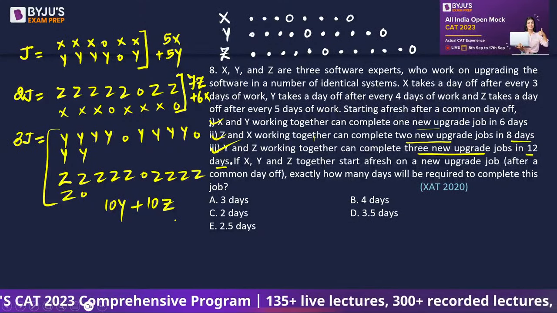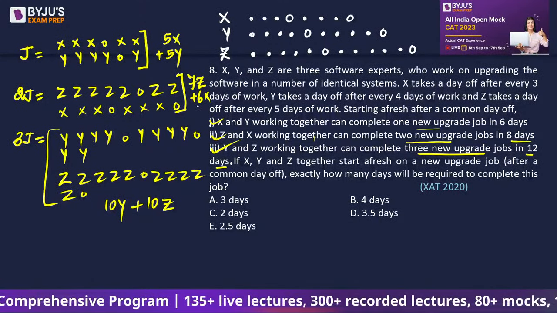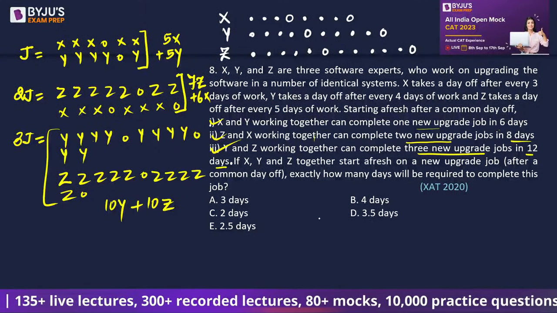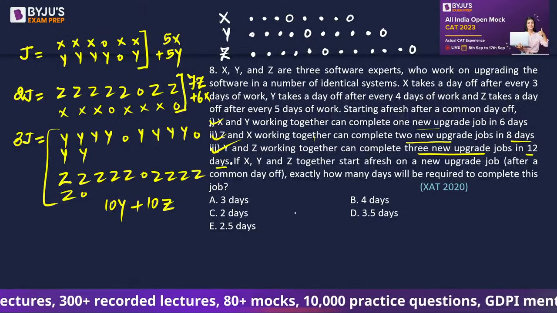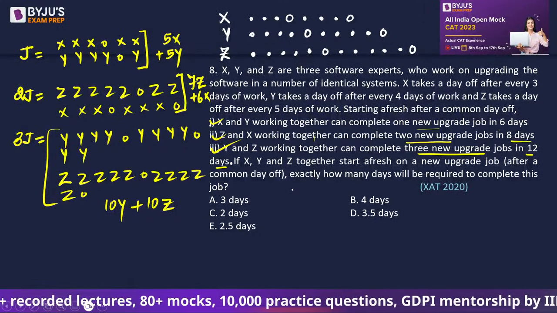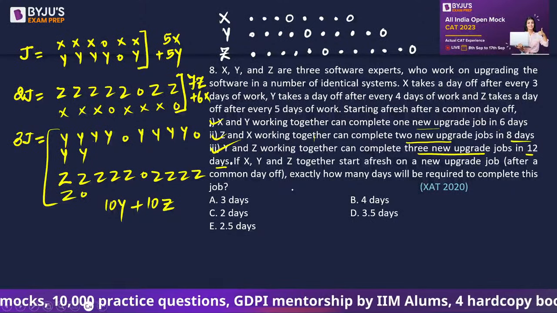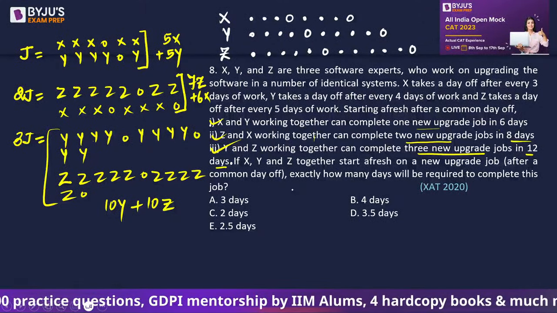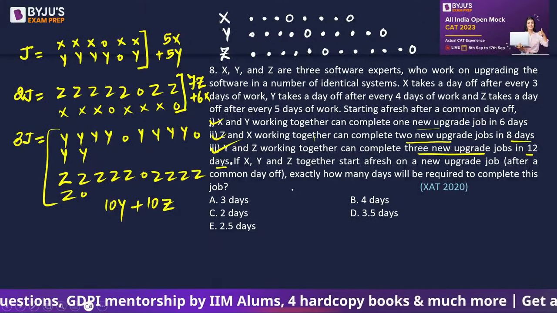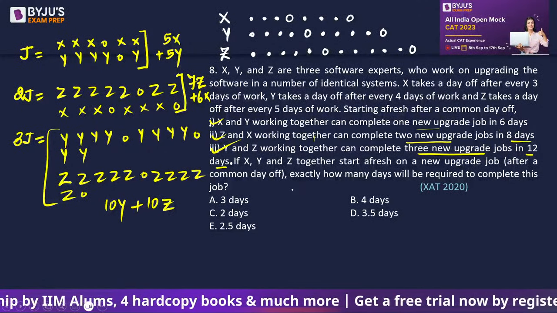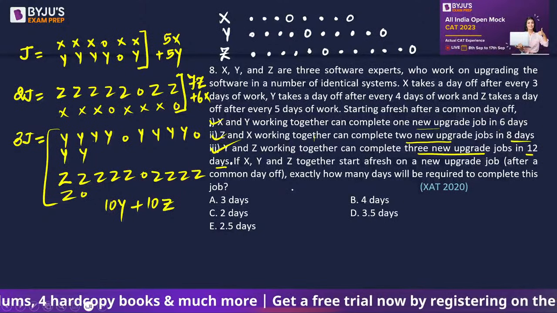right? From here, now we need to find out the ratios, or we need to find out the values of x, y, z, relative values. ठीक है, तो इसको हम लोग कैसे कर सकते हैं? Let's take j as certain number.